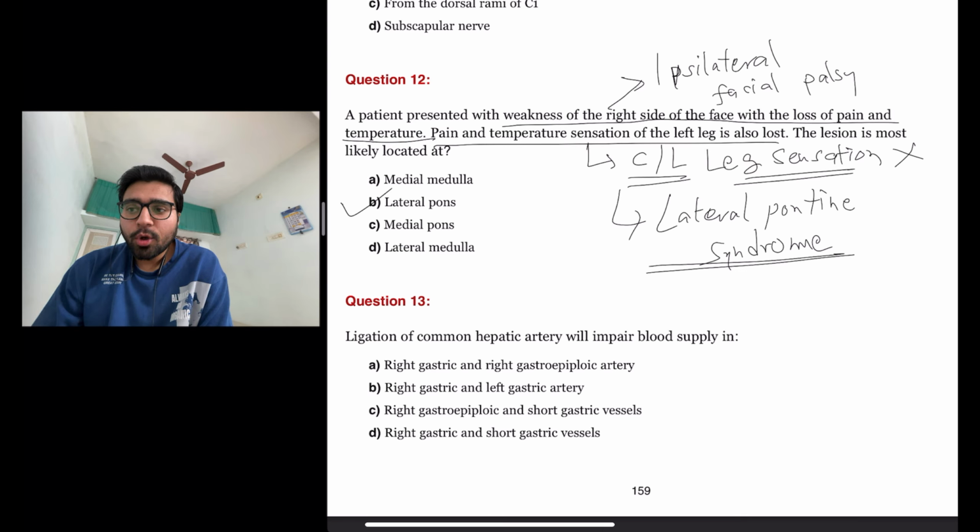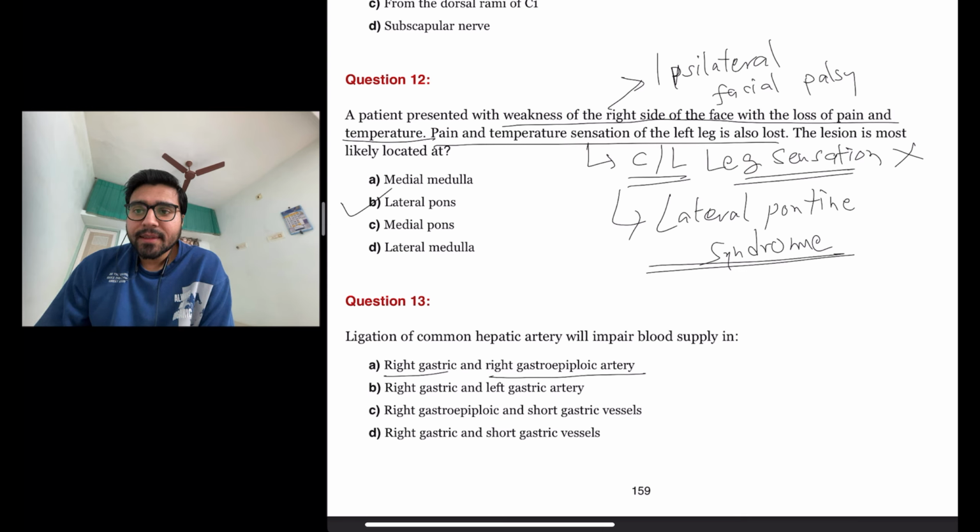So from all the options, two branches, the right gastric and right gastroepiploic artery, are branches of the common hepatic artery. When you ligate the common hepatic artery, that will lead to impairment of blood supply in the right gastric and right gastroepiploic artery, because these two are branches of the common hepatic artery.